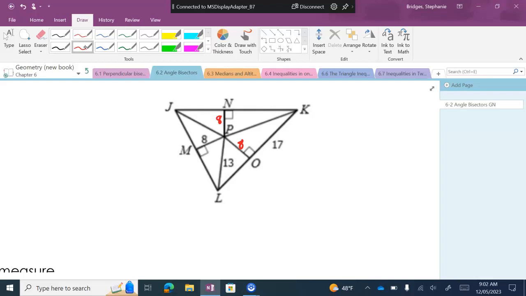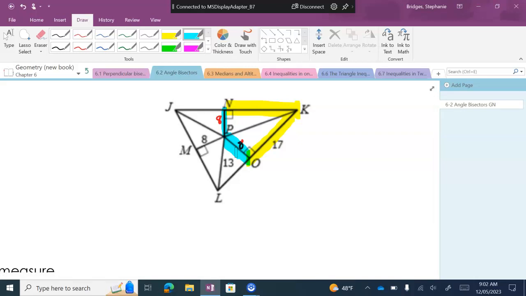Now, with the angle bisectors, here's another thing that we have to keep in mind. I'm going to look at this part right here. Do you notice that PN and PO are the same? That's what we labeled. That's what the rule says.